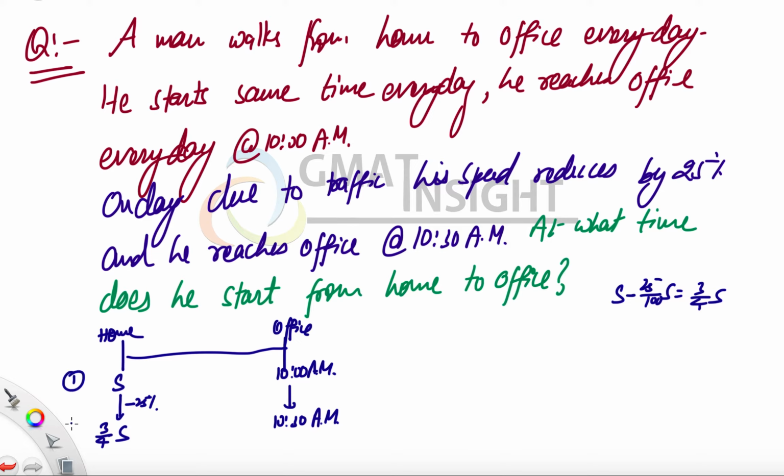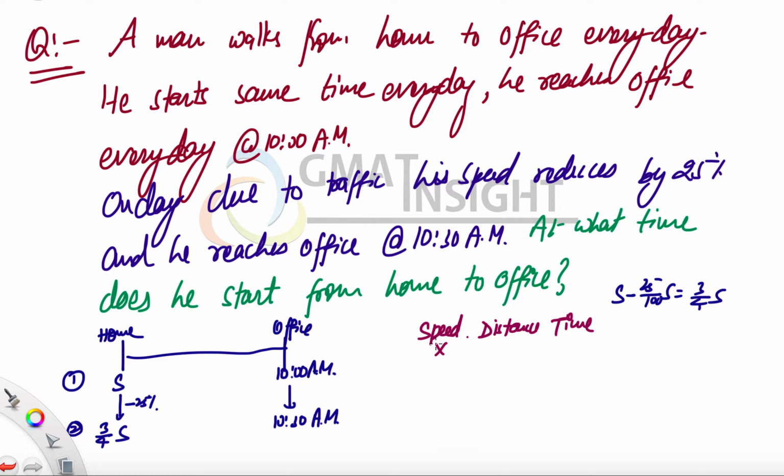This is scenario number one, this is scenario number two. Scenario number one is the scenario with the usual speed, and scenario number two is the scenario with some different speed. So here we only have three things to think about: the speed, the distance, and the time. You will often find the speed is never the same in the two scenarios.